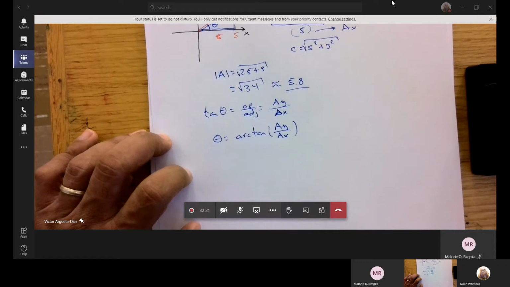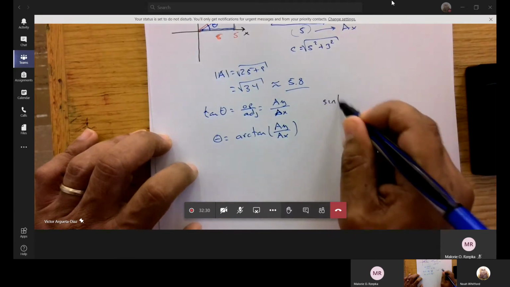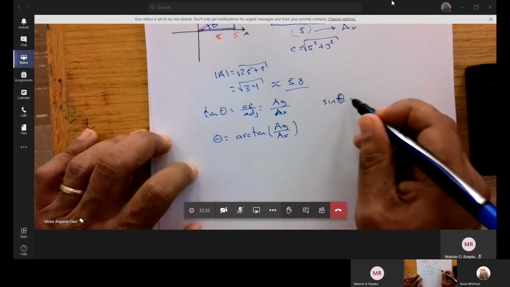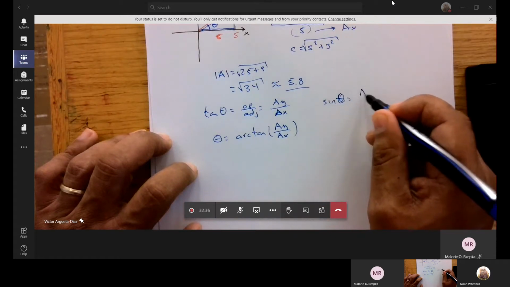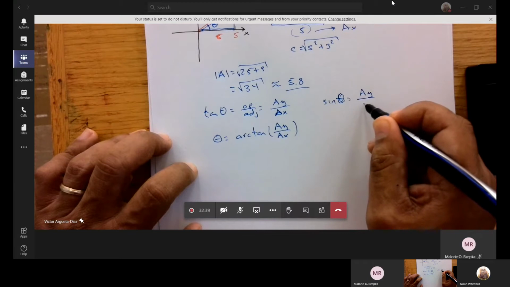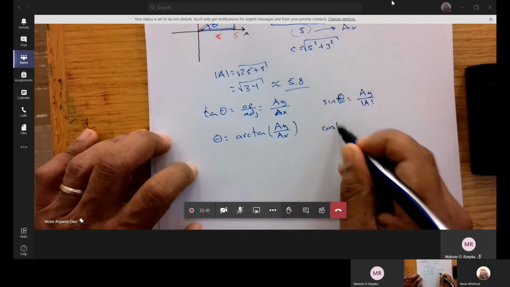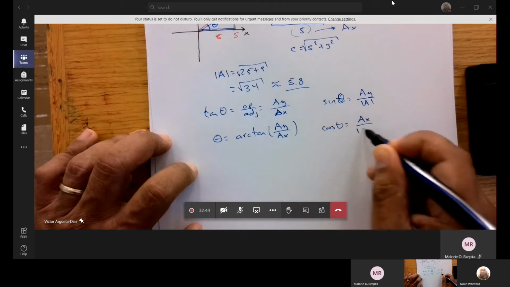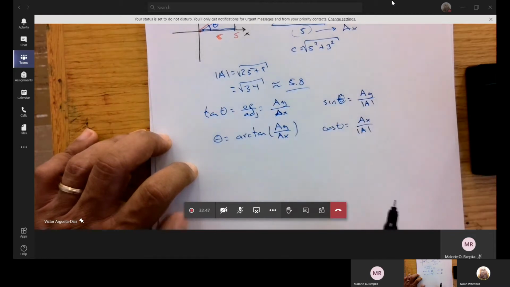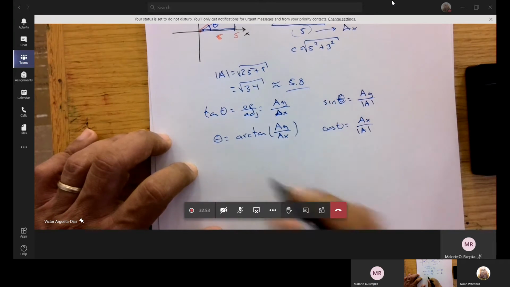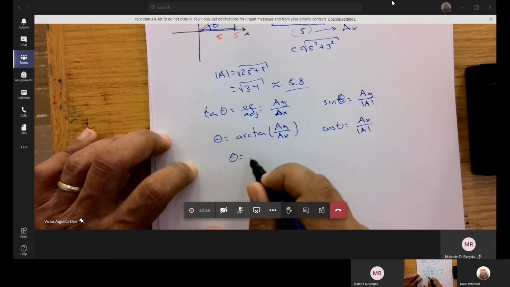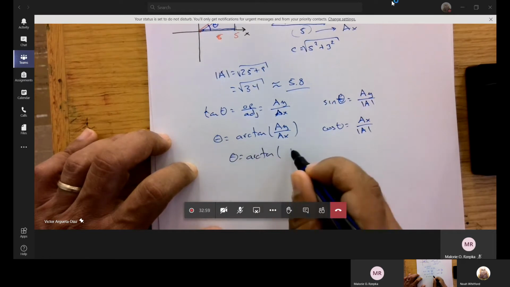If you have the three lengths, the adjacent, opposite, and the hypotenuse, you can use any trigonometric function. So you can do sine of theta, which is opposite over hypotenuse, and cosine of theta will be adjacent over the hypotenuse. You can use either of those equations, and you should get more or less the same number. So I'm going to do the arctangent. So that would be 3 over 5.